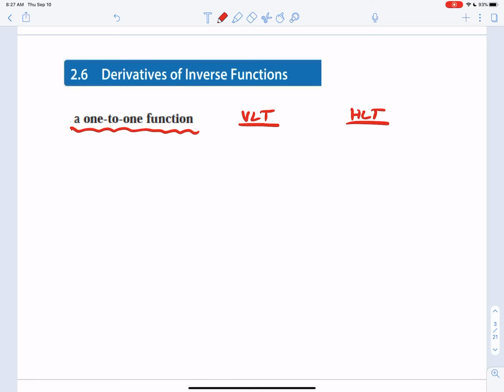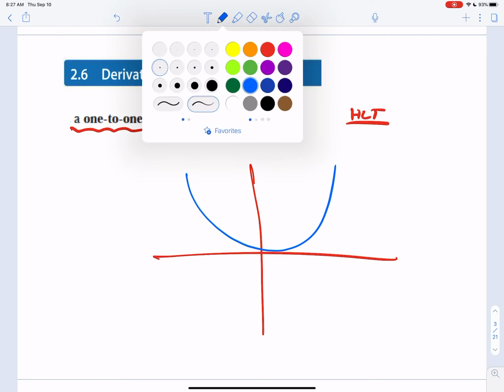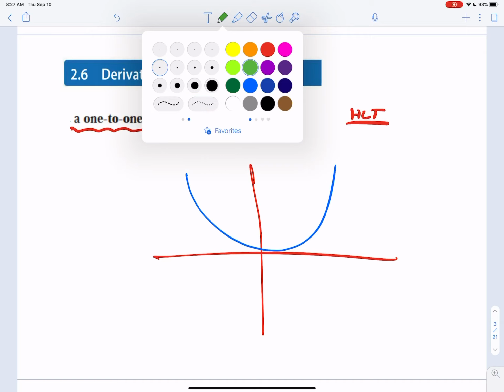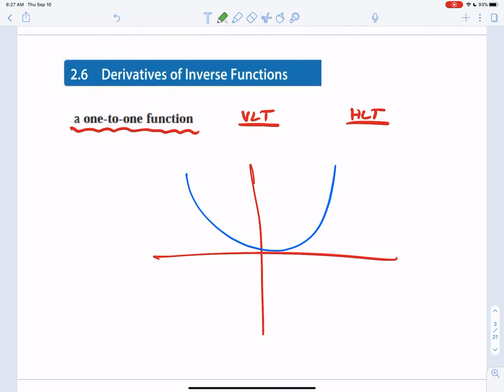So just to quickly recap, if you had a graph, in order to tell if it's a function, you ran a vertical line test, and you're hoping that this line only intersects the graph once. So if you notice, at most, it only intersects once, no matter where you draw that.